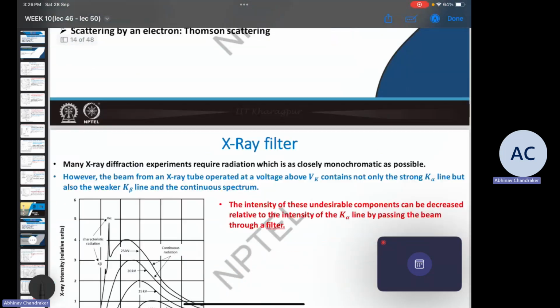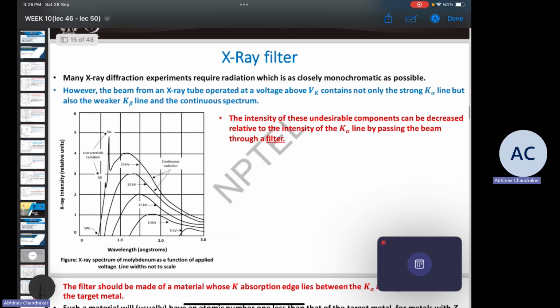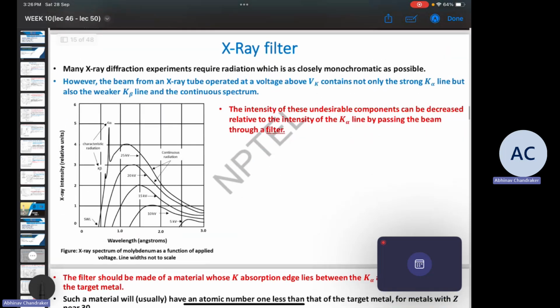Now we'll move to how we can separate out X-ray beams of particular energies.